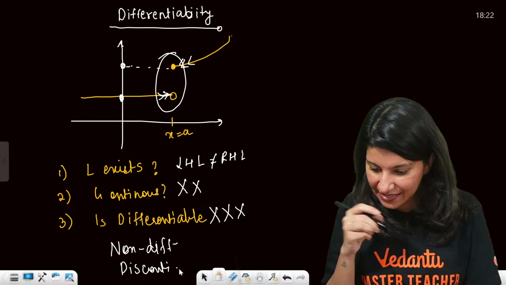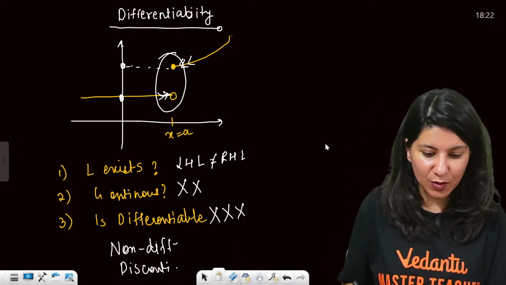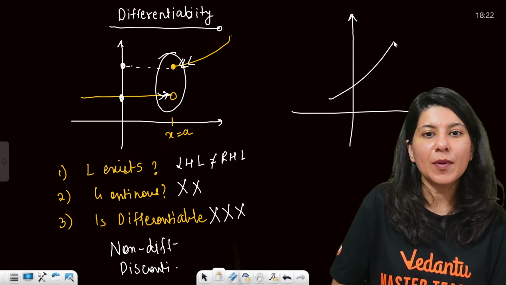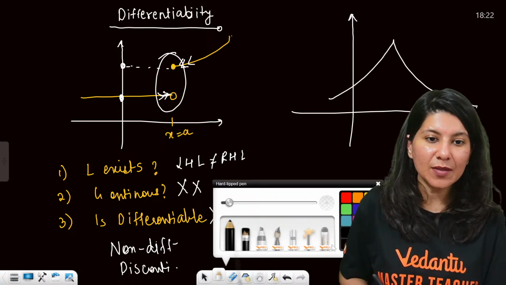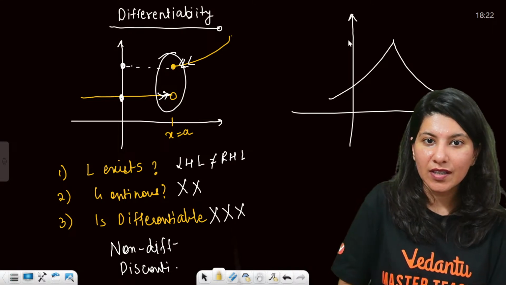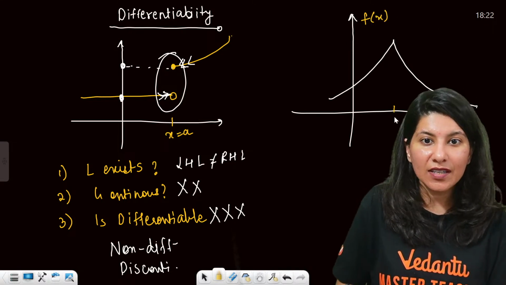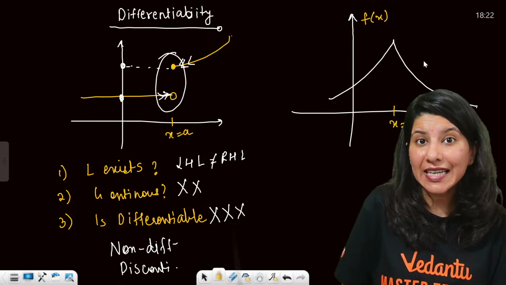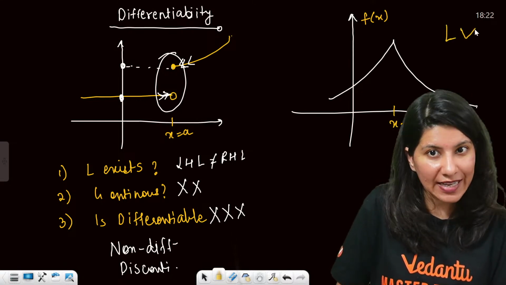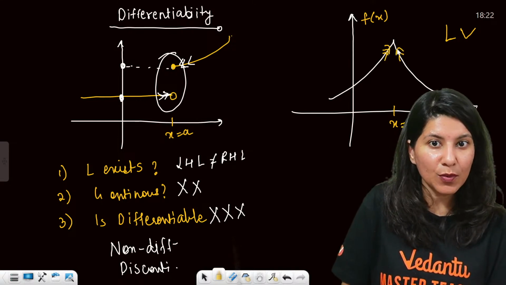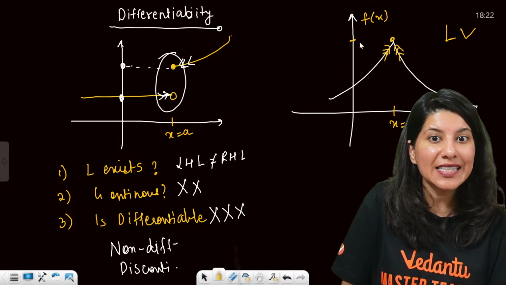Yes, you guys are not telling me in the chat box. All right, cool. Let's just talk about this situation. Can anybody tell me what is happening over here? So this is again a function. Again, you have to tell me whether at x equals to a the limit exists or not. The limit will exist, because if you approach the function from the left hand side and from the right hand side, you will get the same value.